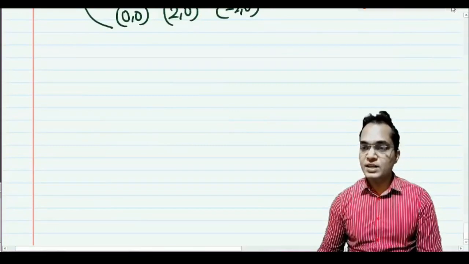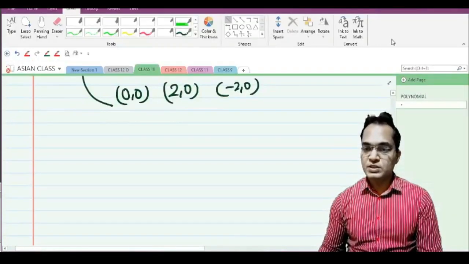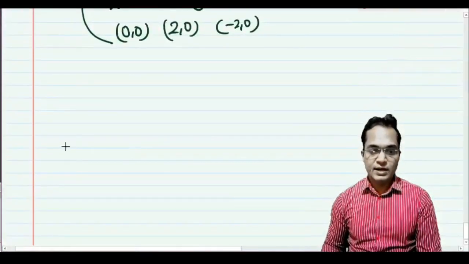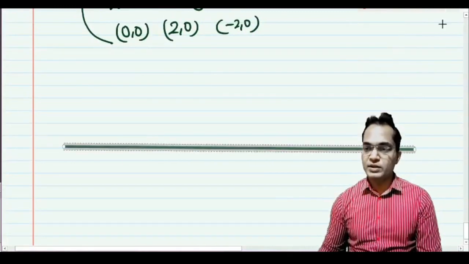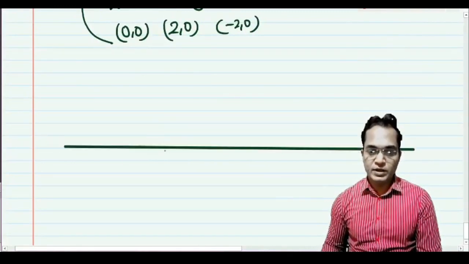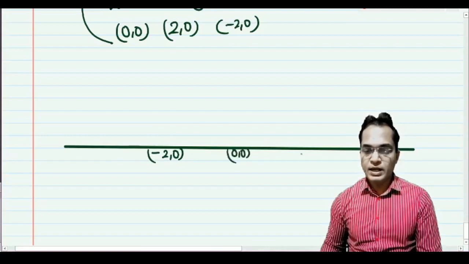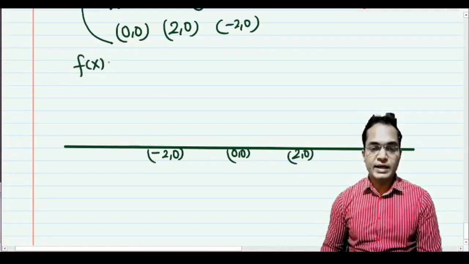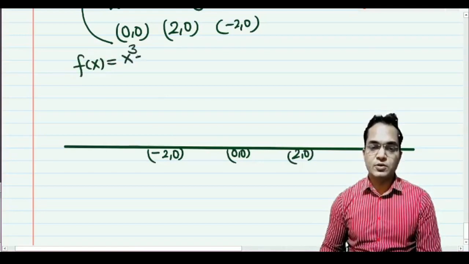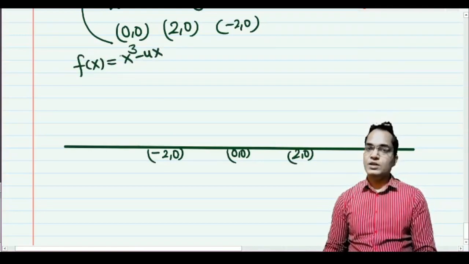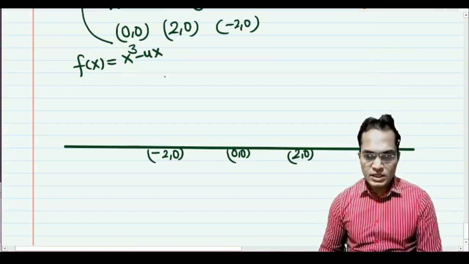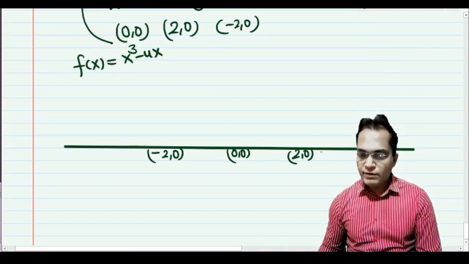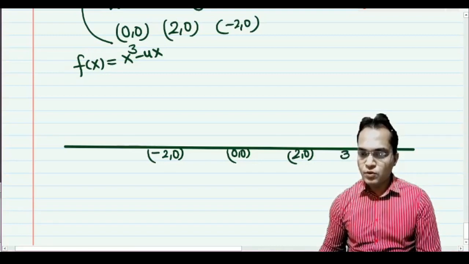We take the x-axis, and on the x-axis there are 3 points. First is (minus 2, 0). Second is (0, 0), and third is (2, 0). Now what is the equation? It is x cube minus 4x. Yes or no? Yes.